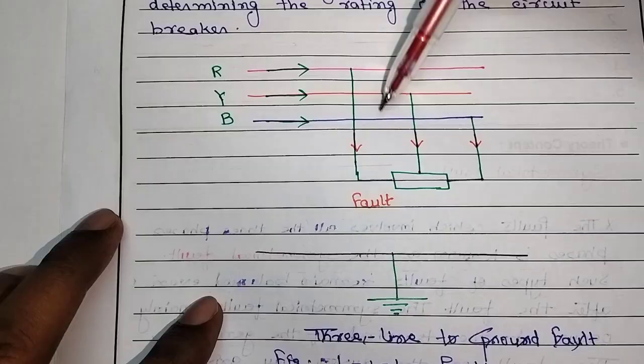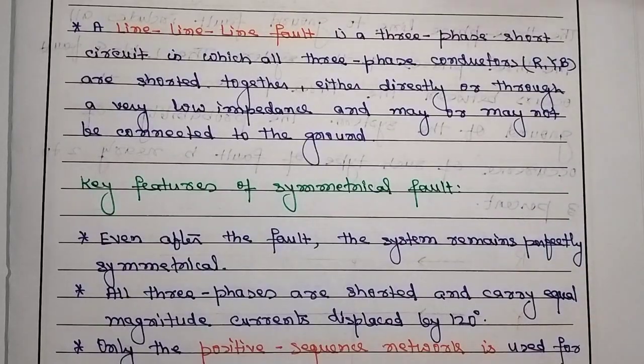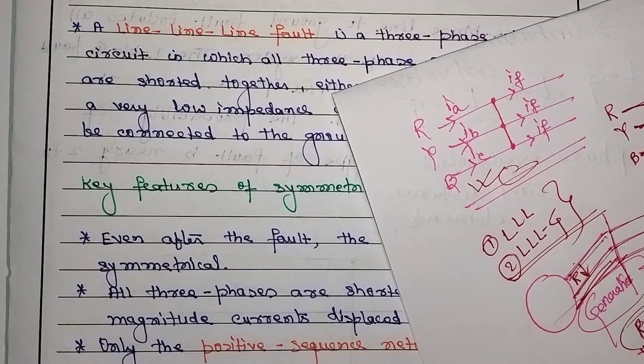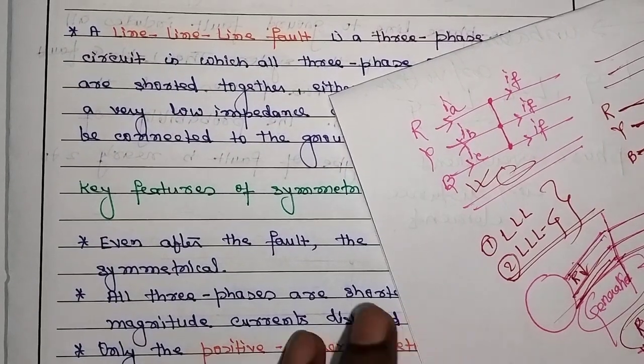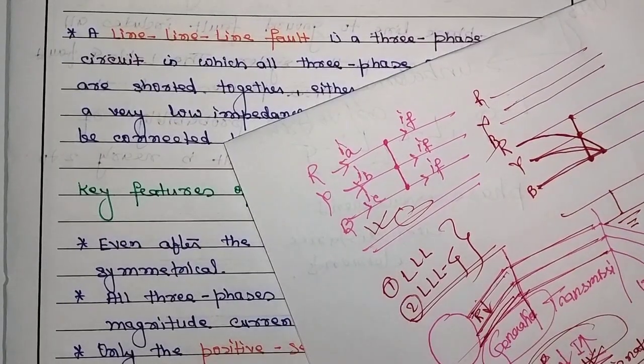Such type of fault is called the line to line to line fault. An LLL fault is a three-phase short circuit in which all the three-phase conductors R, Y and B are shorted together. Three of the conductors will get shorted, R, Y and B.